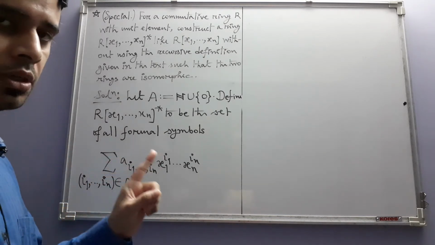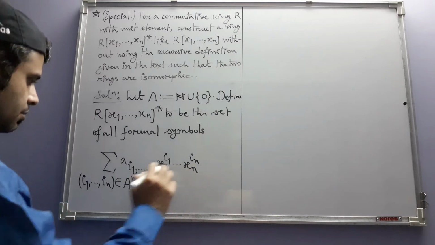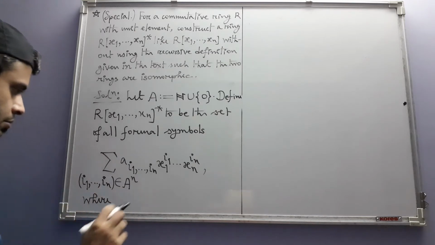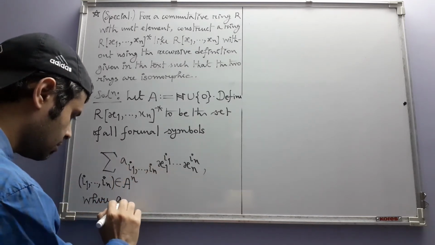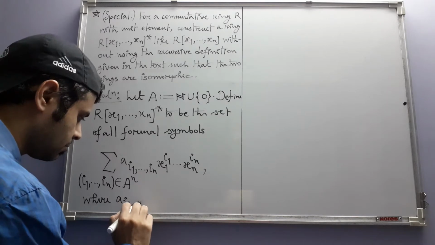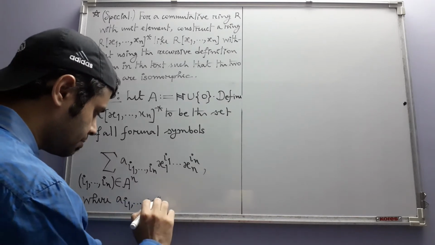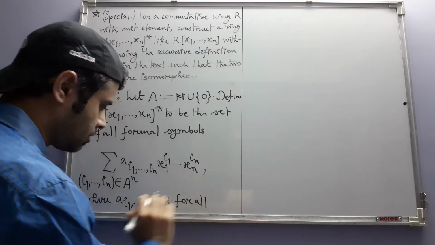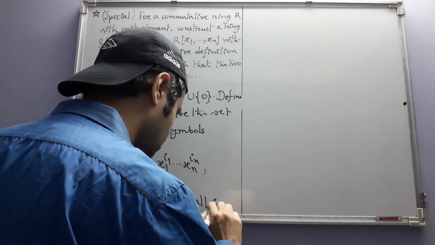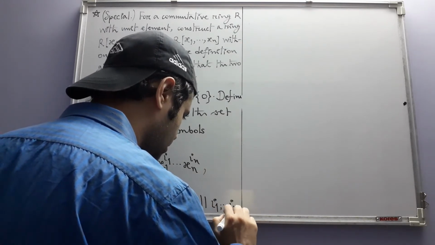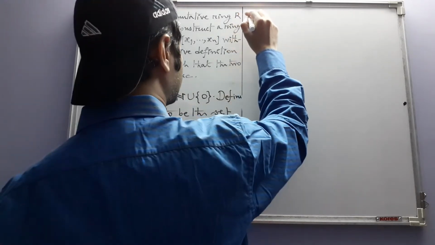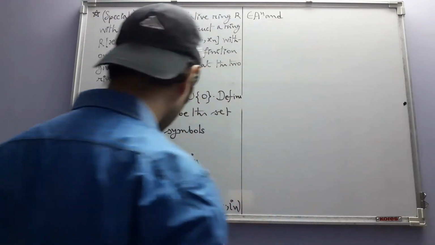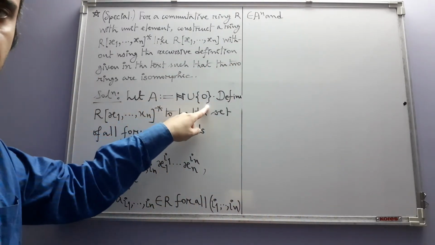But there is one more thing we have to mention here. Of course, it has to be mentioned that this belongs to R for all n-vectors belonging to An, and note that A is an infinite set.